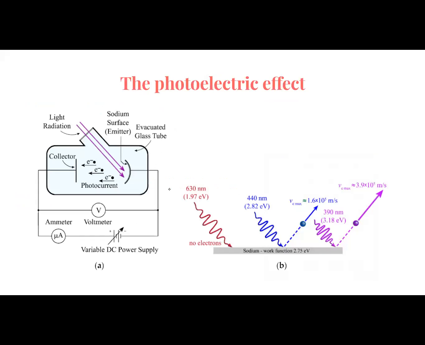Same thing with the photoelectric effect. To summarize, it's an experimental setup where you have two plates inside a vacuum tube to maintain a vacuum in that region, and you can shoot light into one of the plates. Let's call that the ejection plate.